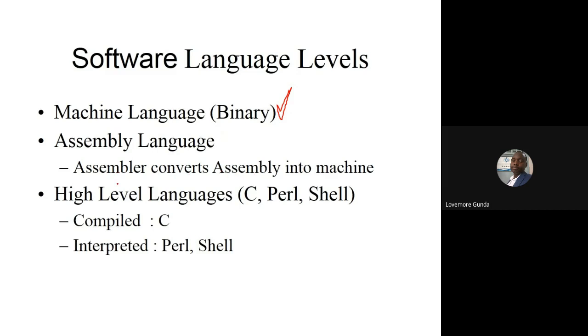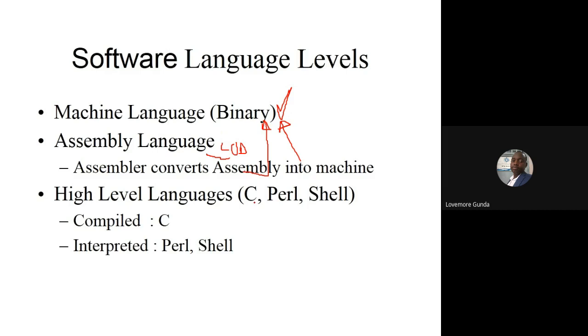So the assembler converts the assembly language into machine language, right? So this may be the load accumulators and the like, something that can be understood when you are writing it. And then the assembler will convert these to machine language, ones and zeros, right?